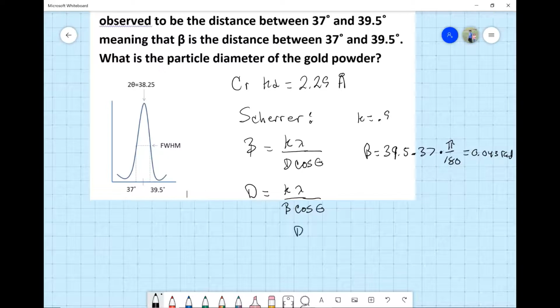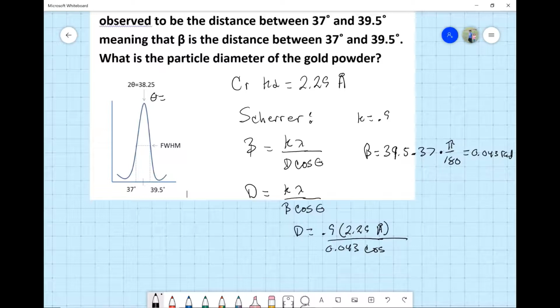So D equals 0.9 times 2.29 angstroms over our beta in radians, 0.043, times cosine of theta. 2 theta is 38.25, which means that theta needs to be 38.25 divided by 2.